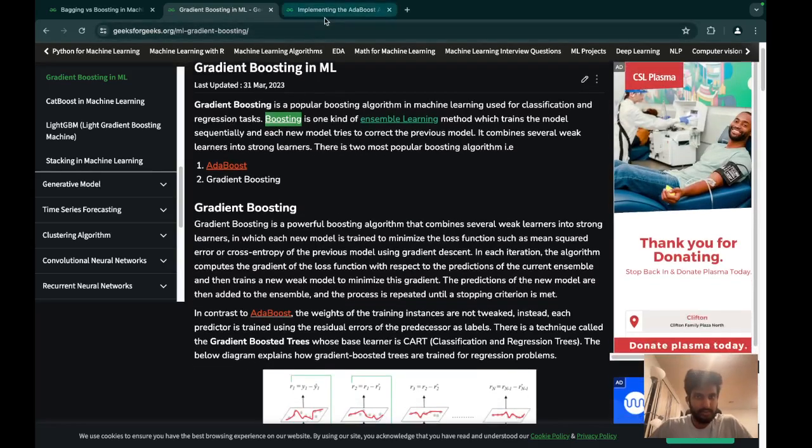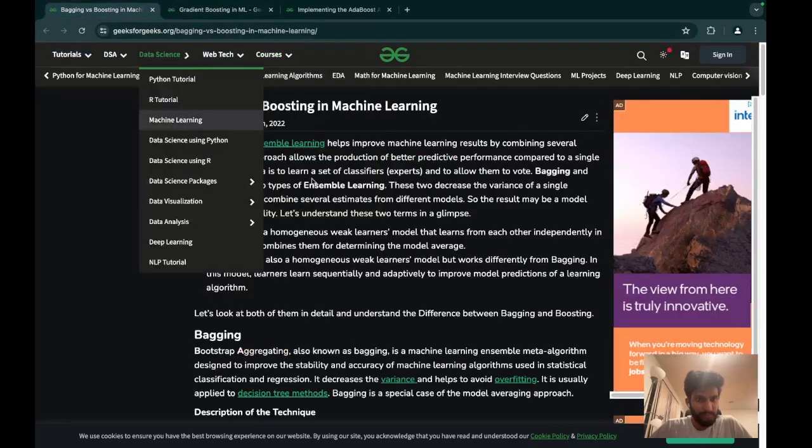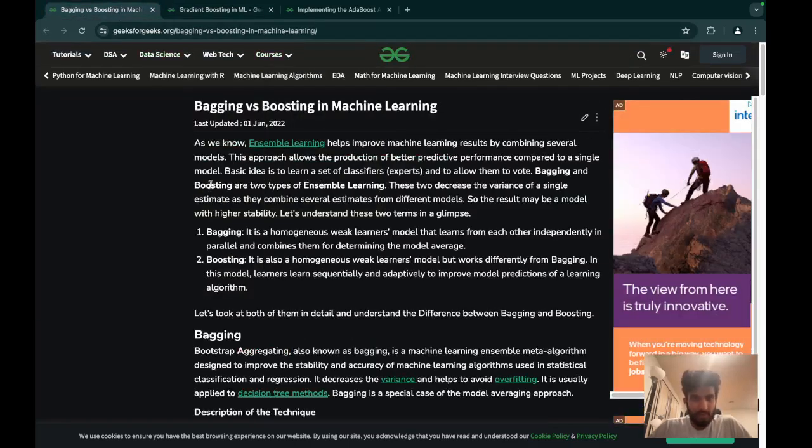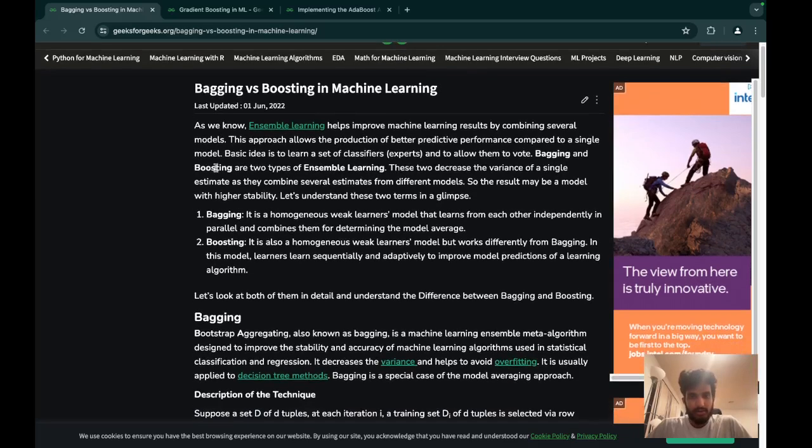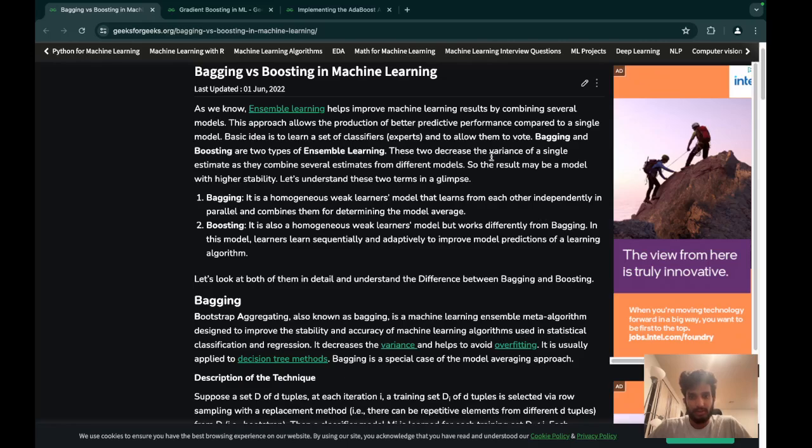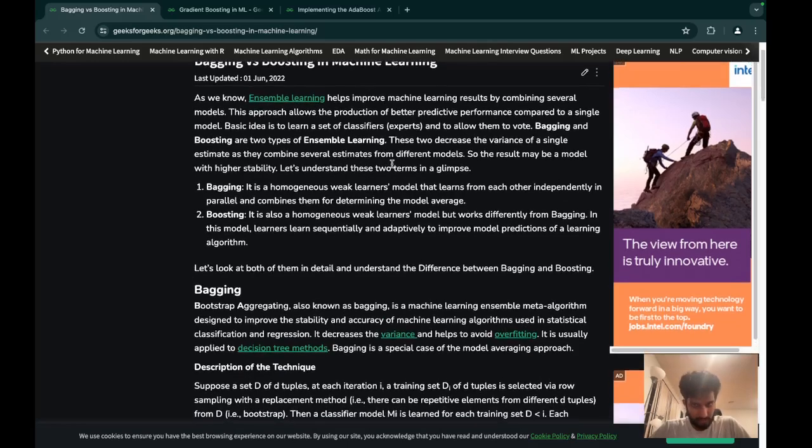Anyway, yeah, we're still here, right? Bagging and boosting are two types of ensemble learning. These two decrease the variance of a single estimate as they combine several estimates from different models, so the resulting model may have higher stability.